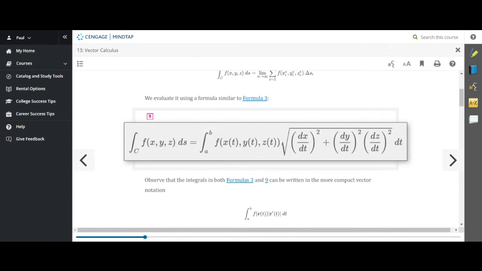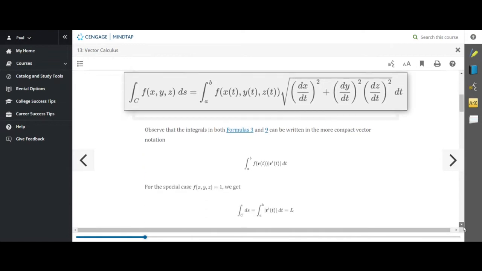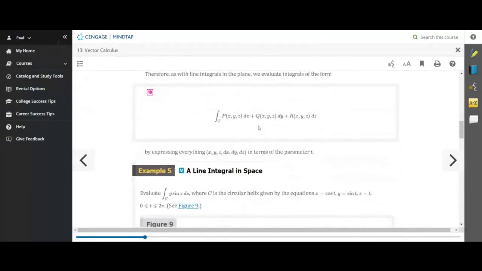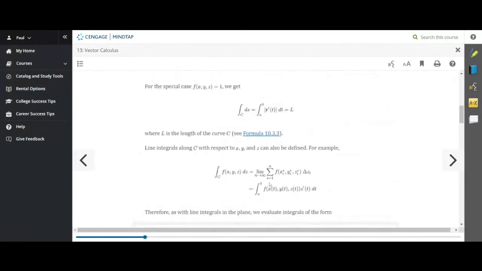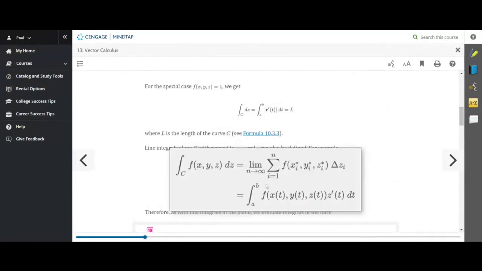We have an additional formula where we have a line integral with respect to z, and so you would have z prime of t dt at the end.